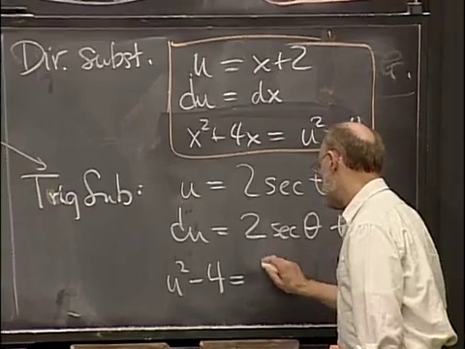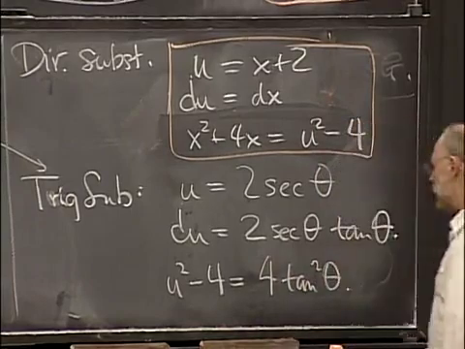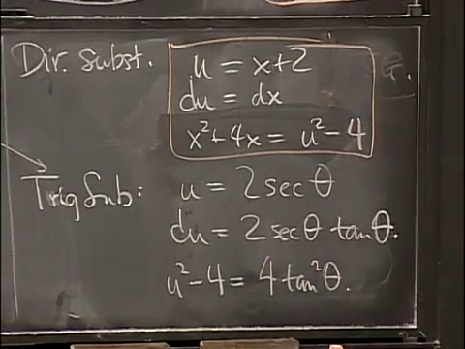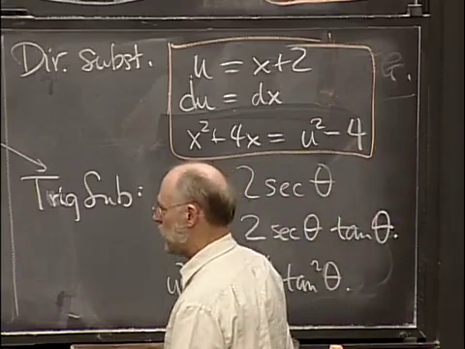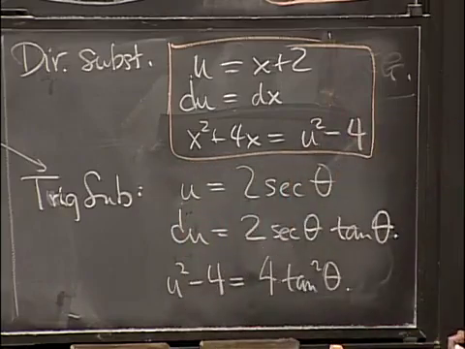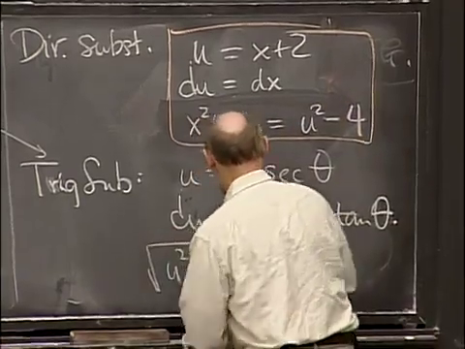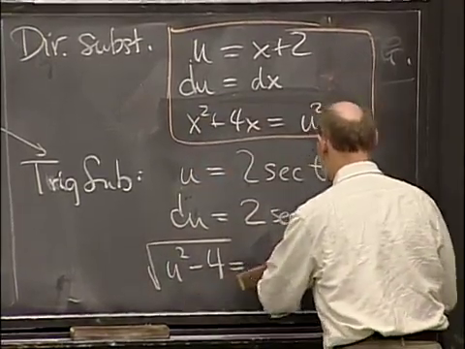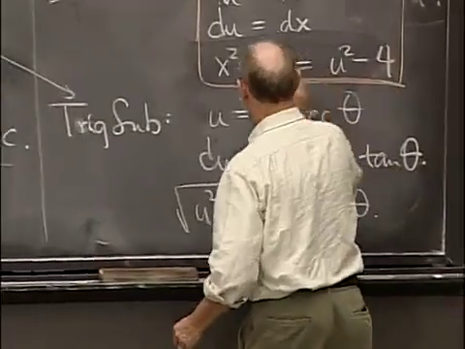So this is 4 times the tangent squared of theta. Right? Yeah? But I squared it. And now I'll square root it, and I'll get a 2, and this tangent will go away. So there's my data box for this substitution.